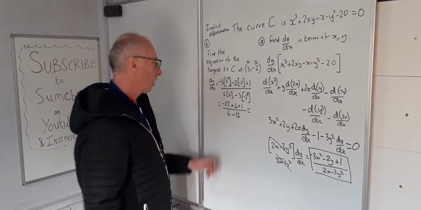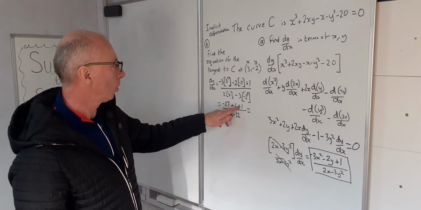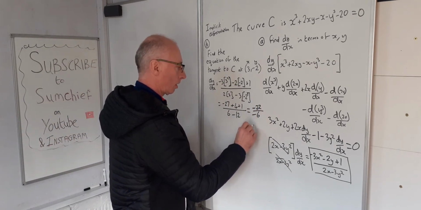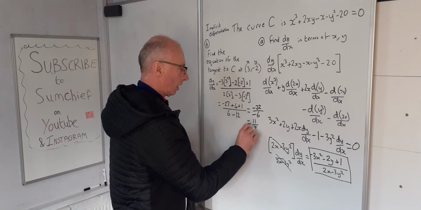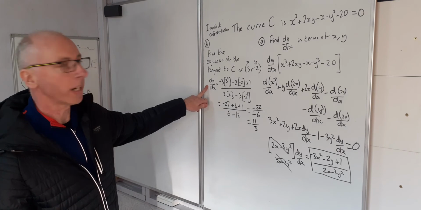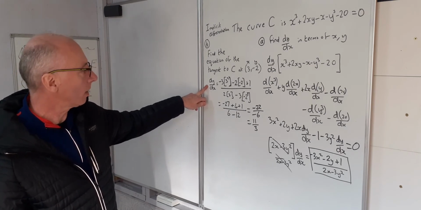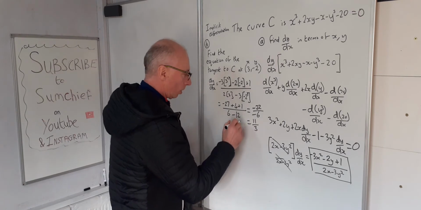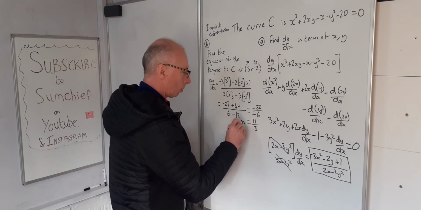That gives us minus 27 plus 4 plus 1, which is minus 22, over minus 6, so that equals 11 over 3. This gives us our gradient, since dy/dx is nothing more than the gradient, so m equals 11 over 3.